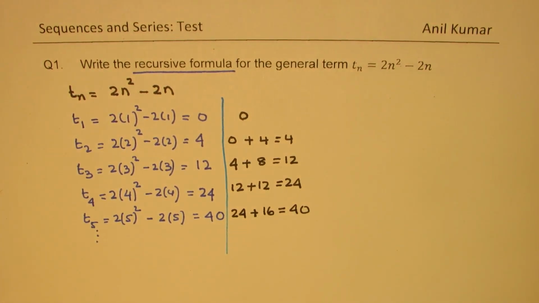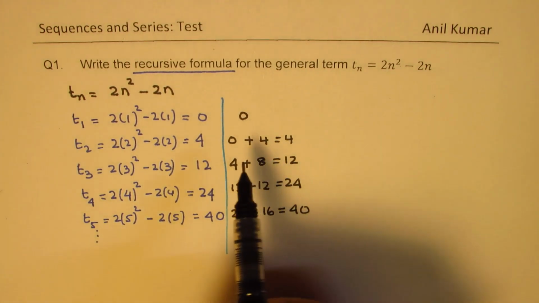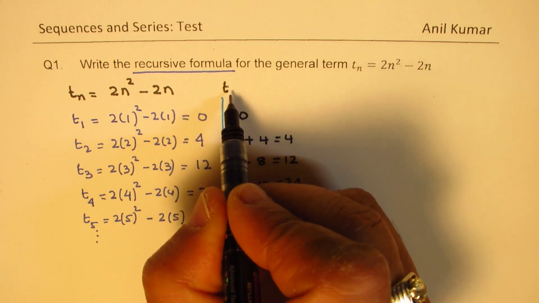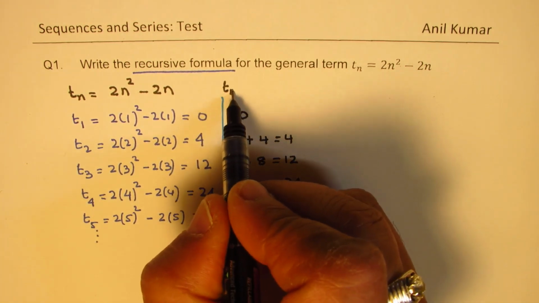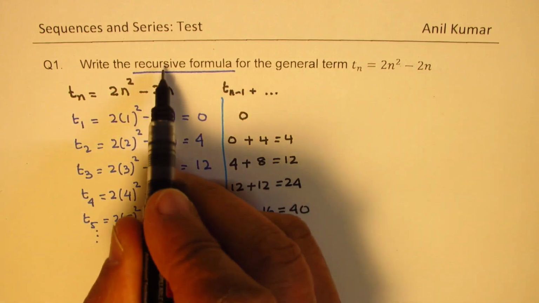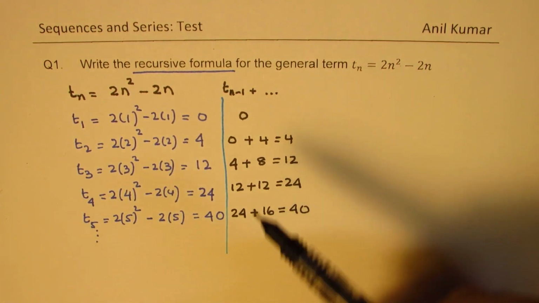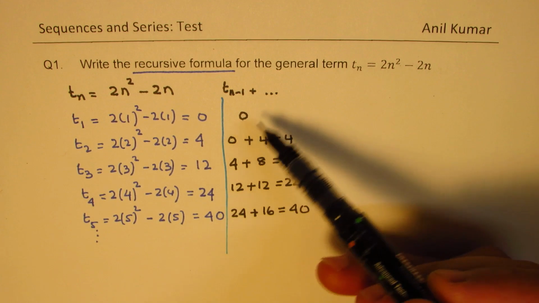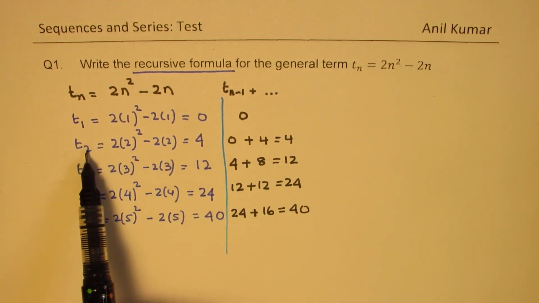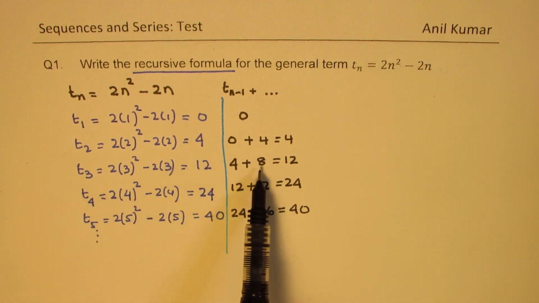Do you see this part? So what you see here is that this term is Tn minus 1, right? So Tn minus 1 plus something is what our recursive formula is, right? So we figured out that to the previous term, for the second term we have to add 4, for the third term we have to add 8. Now how do we get this?